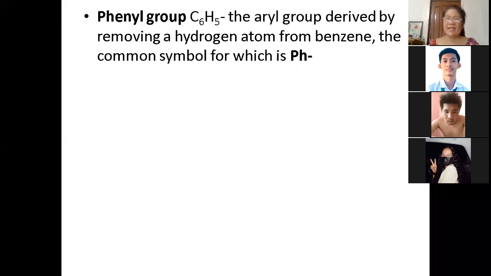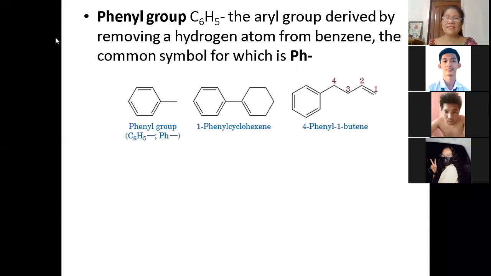P gamay nga H. Okay, so this is a phenyl group. This is one phenyl, so meaning kani mao imong phenyl, kani imong cyclohexane. Kadumdum mo? This is cyclohexane, but there is a double bond here, therefore it is an alkene.